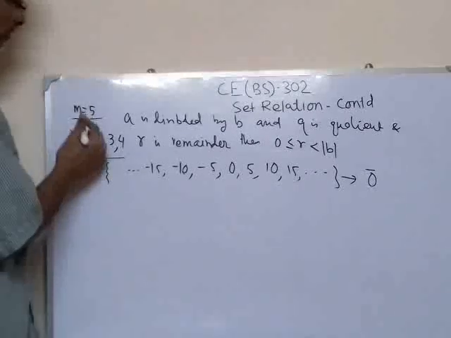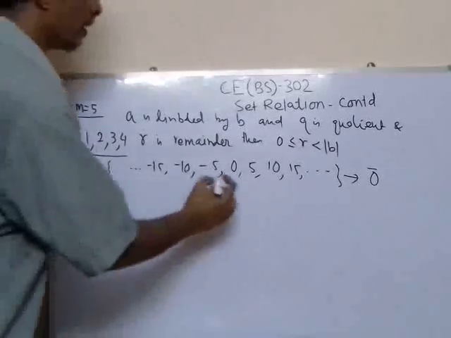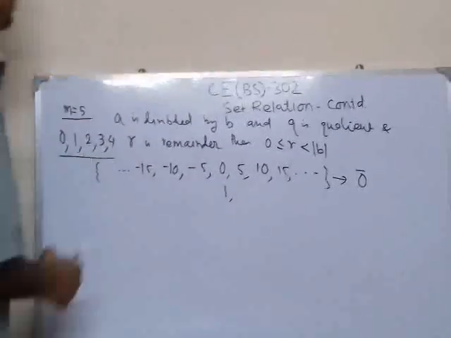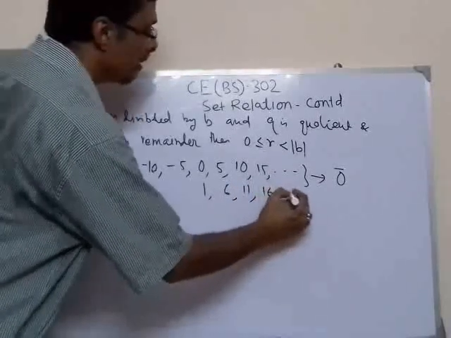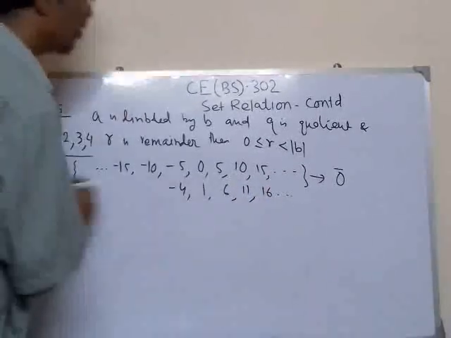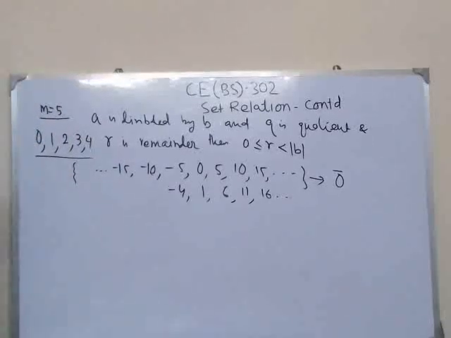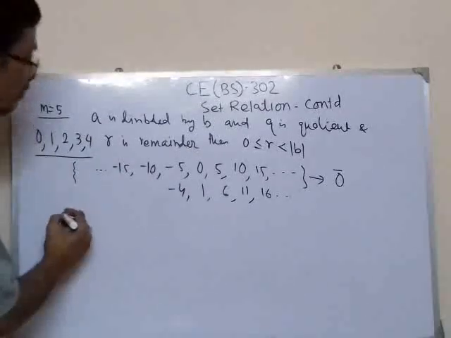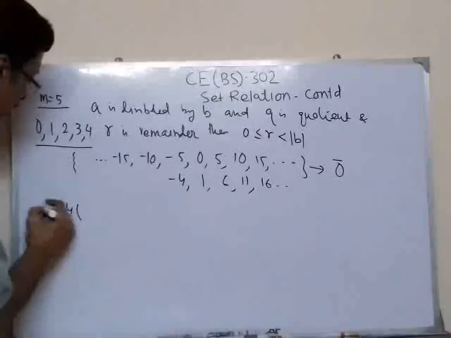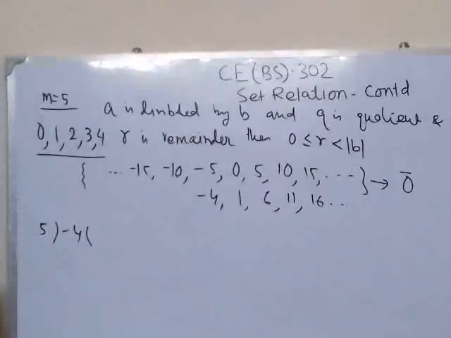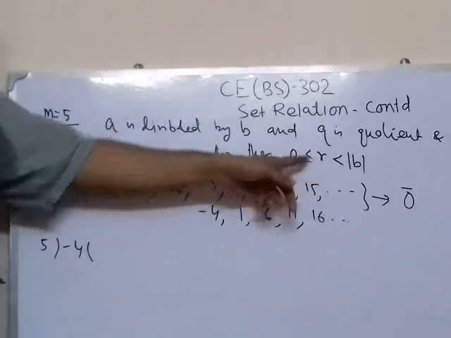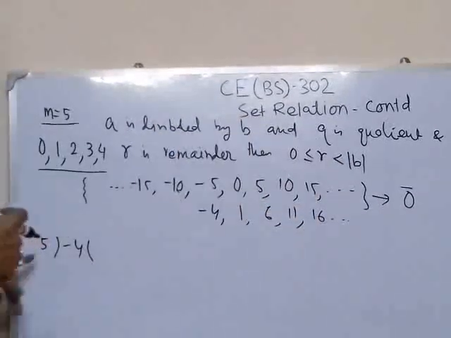Now what will be the class 1? Obviously 1 itself is the first member, then 6, then 11, then 16, and here that will be minus 4. This requires some clarification. Let us divide minus 4 by 5. What is our criterion? R cannot be negative. R is a number between 0 and mod b, so mod 5.